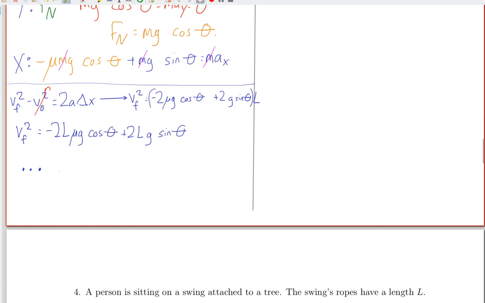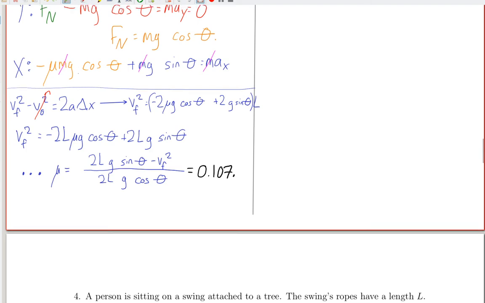Doing the algebra, this gets me mu equals 2Lg sine theta minus Vf squared all over all the stuff that multiplies mu, so 2Lg cosine theta, which when you put in the numbers is equal to about 0.107.